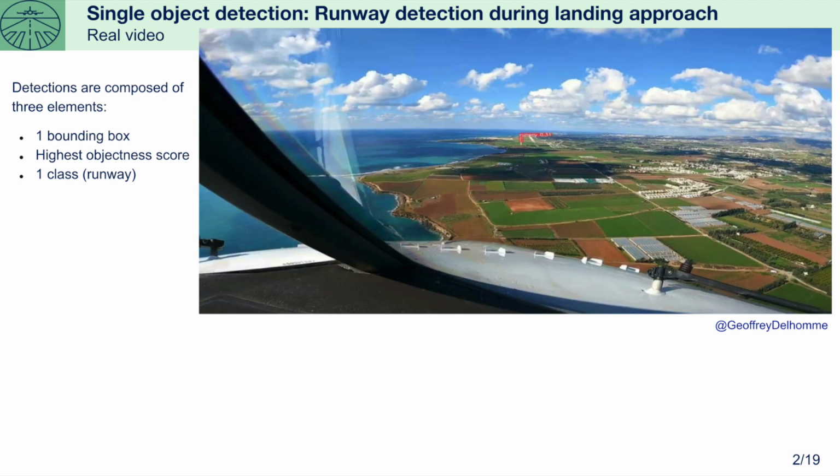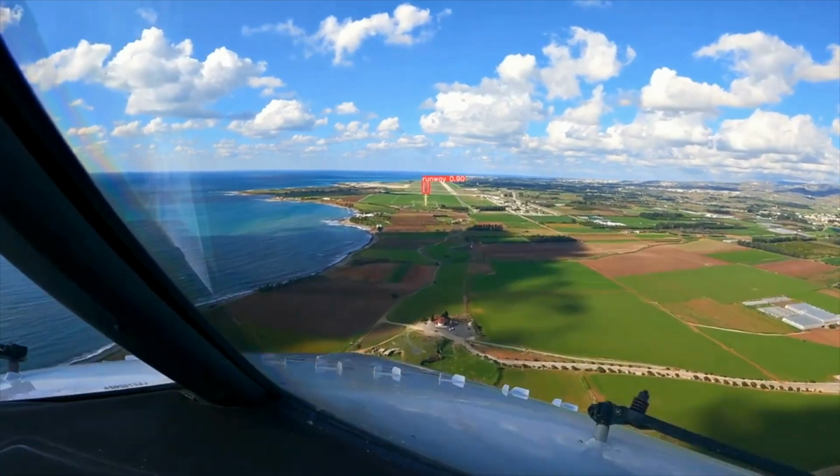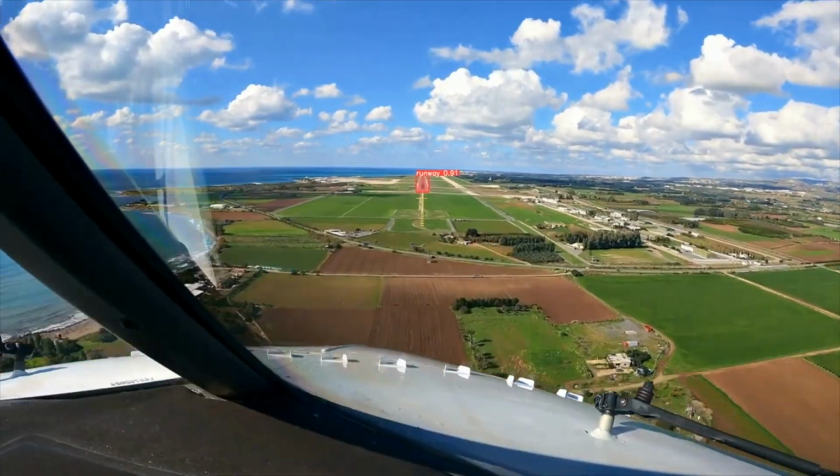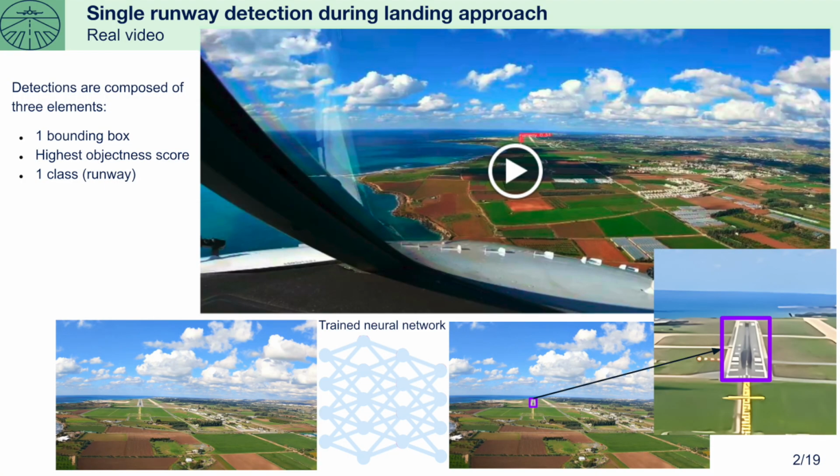And here are the results of a model trained by Geoffrey Delhomme for vision-based landing, demonstrated at an accelerated pace. The state of the art involves using trained neural networks. And for example, here we have an image as input and a bounding box as output in purple.